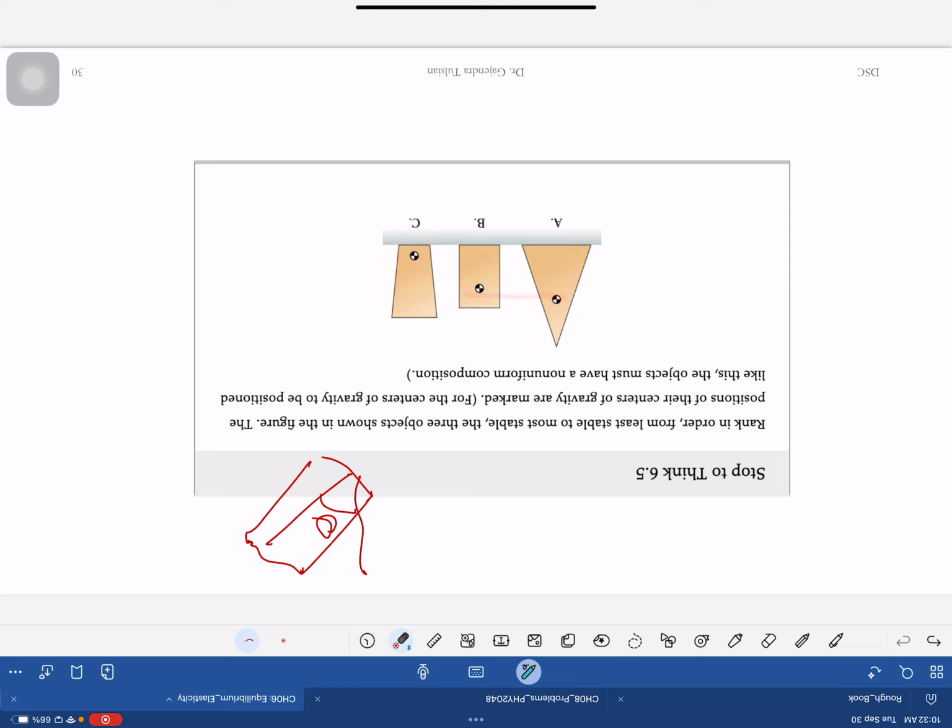Between these two, this has a larger base, but its center of gravity is higher. So you'd have to do a little more analysis. But this is clearly the most stable. This would be the next stable, and this would be the least stable. So whenever you want to be stable, you want to have your center of gravity lower.